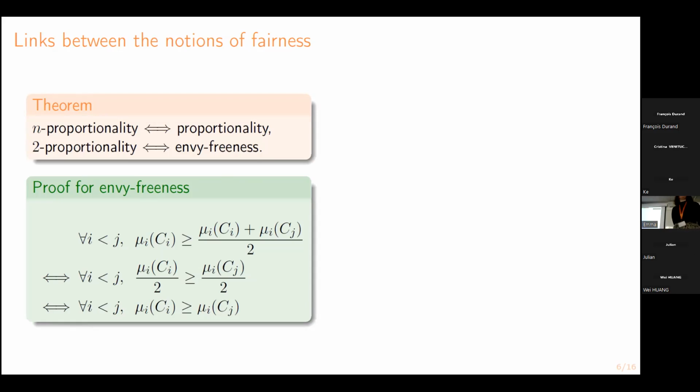It's 2-proportionality, because in the 2, you've got yourself and the person you're comparing. Yourself, yes. Okay. So in the k-proportionality, you include yourself from the set of agents. And yes, here I could have put different, but I think it's equivalent. i plays a special role, so it's no longer equivalent. Yeah, maybe I should have put different.